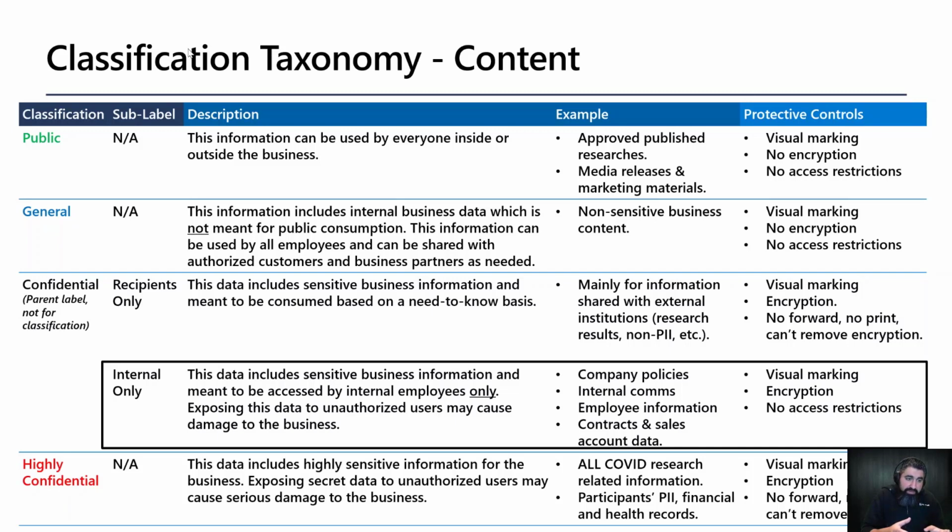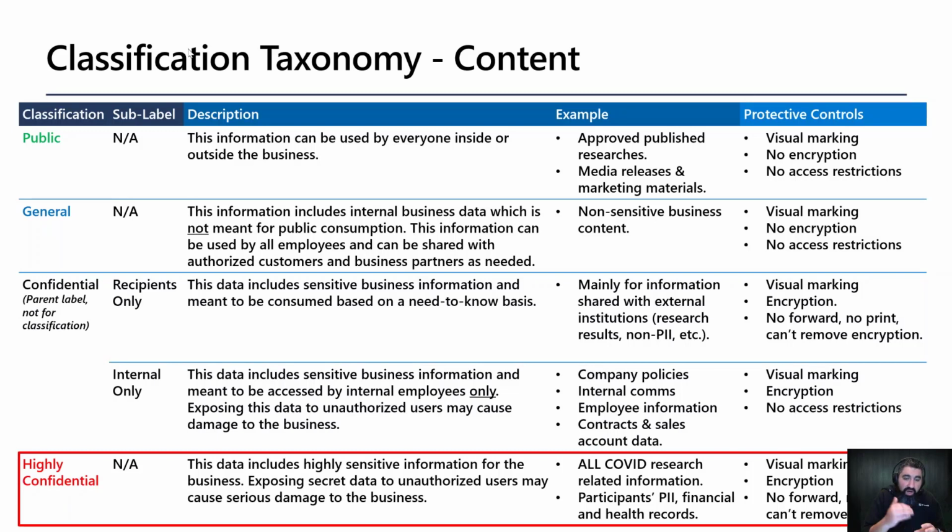Examples of this internal only information could be internal company policies or employee information, contract, sales, or account data. Those are only meant to be accessed by internal employees. So we have decided to apply visual marking as well as encryption, but we haven't configured any access controls on this sort of data.